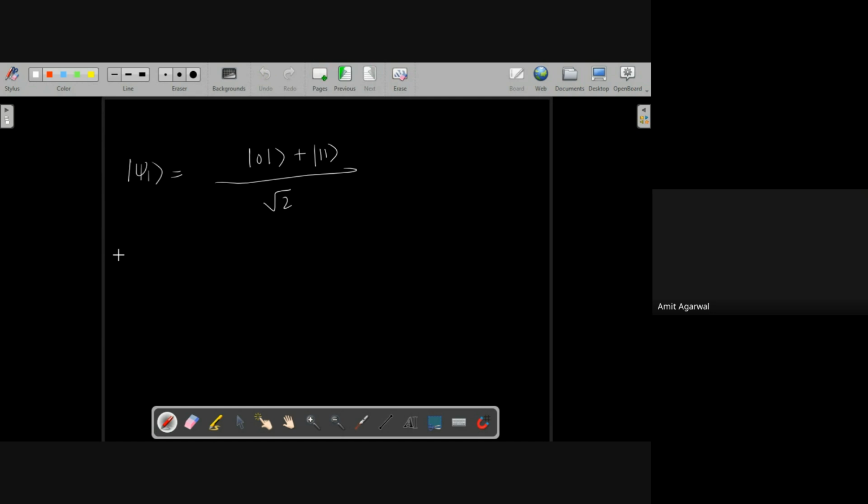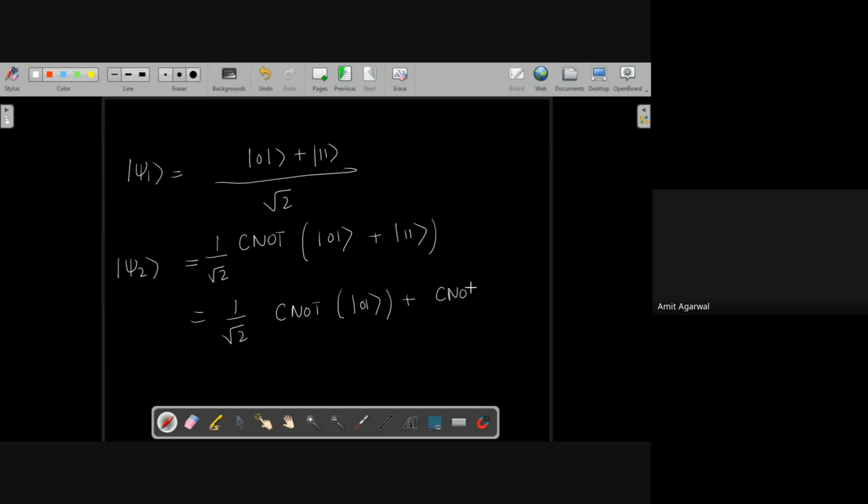Similarly, in order to evaluate the second composite state, we need to apply a CNOT, and we all know that CNOT is a 2-qubit gate, right? So we can write it like that. We are applying CNOT over the 2 qubits.